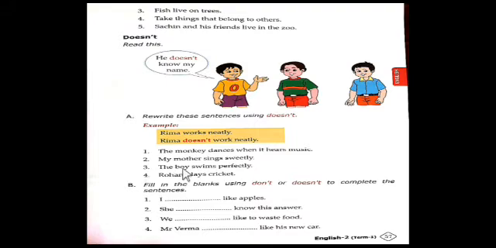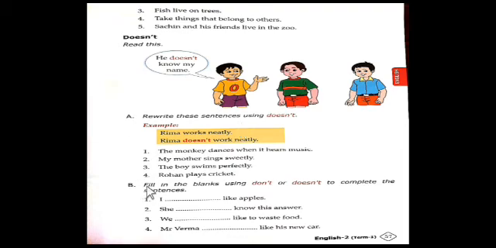The boy swims perfectly. The boy doesn't swim perfectly. Okay. Then fourth one. Rohan plays cricket. Make a negative form. Rohan doesn't play cricket. Have you understood, my dear children? Okay, let us go to the next one.